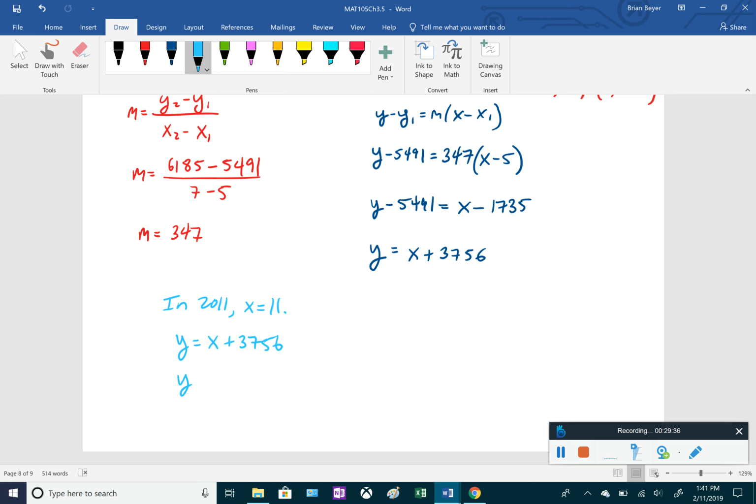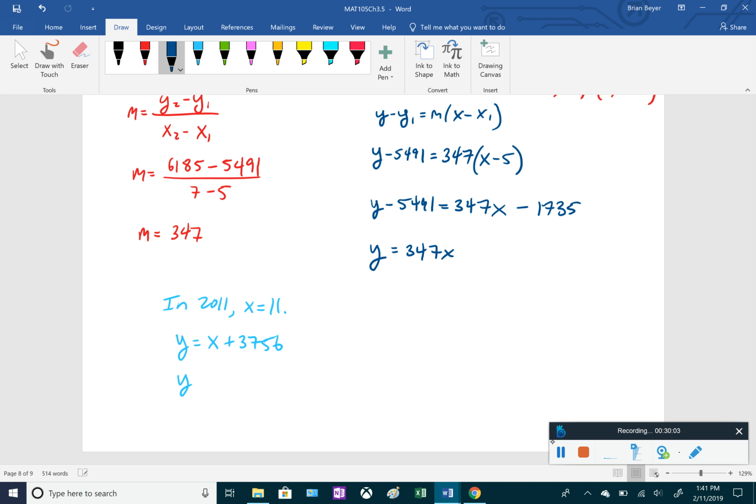Oh, whoops. I just realized that I actually did not distribute that to the x too. So going back up here, 347x minus the 1,735. And the only thing that was wrong is that the slope was wrong because I forgot to distribute that.